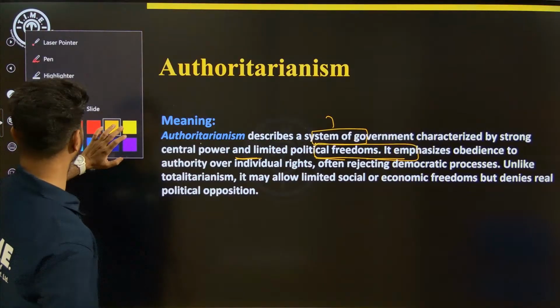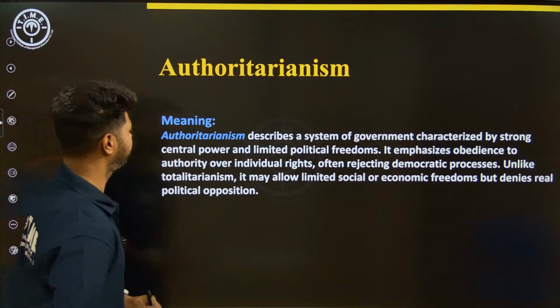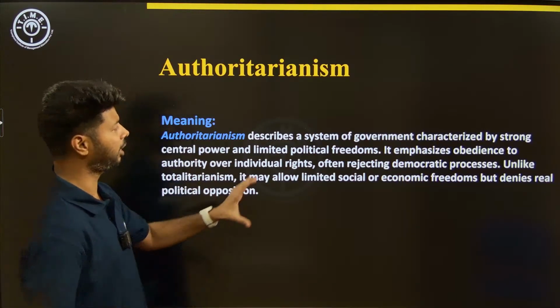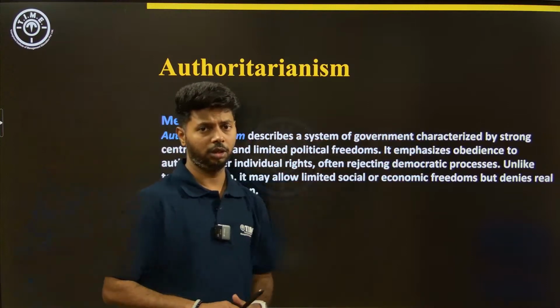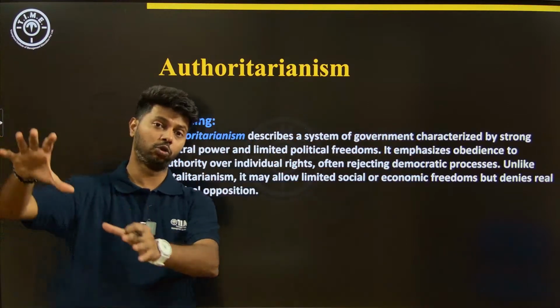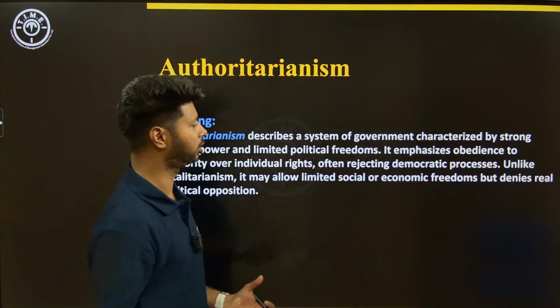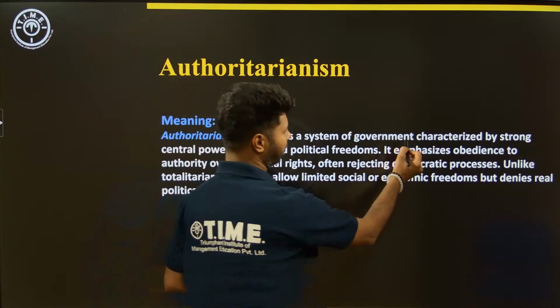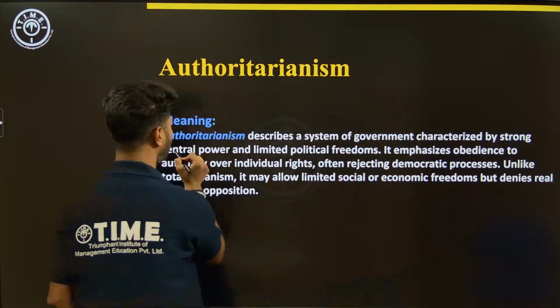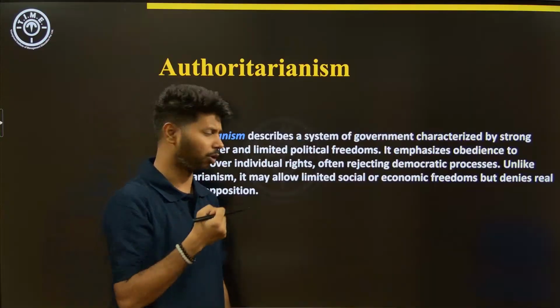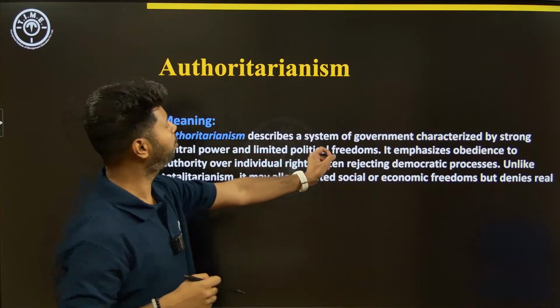Next, we have the meaning itself. Authoritarianism describes a system of government. So Franco's rule, right? It was a system of government. What are its characteristics? Strong central power. All of the power was with Franco. And limited political freedom.